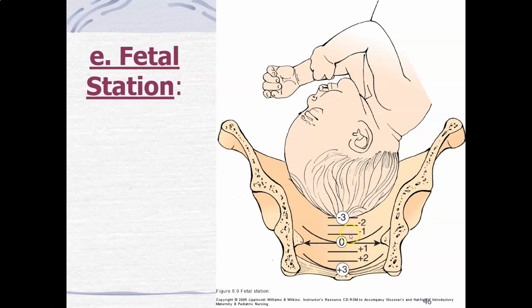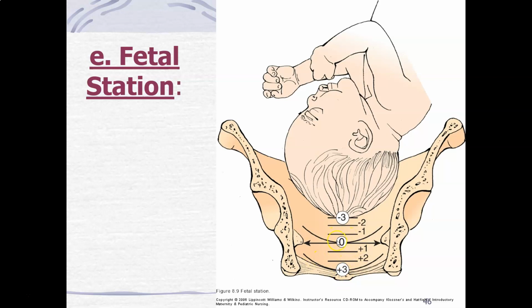and you have to get really good practice at it to get it down. It takes a lot of practice to get this right, but when you're palpating, you're feeling for the ischial spines, and then you're moving up until you feel the baby's head. It's kind of like a guessing game, but you get trained at it and are able to say if it's -1, -2, -3, or +1, +2, +3 station.